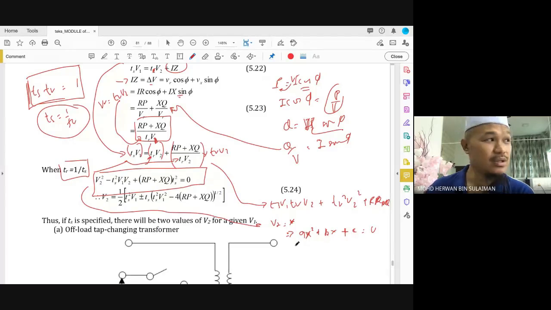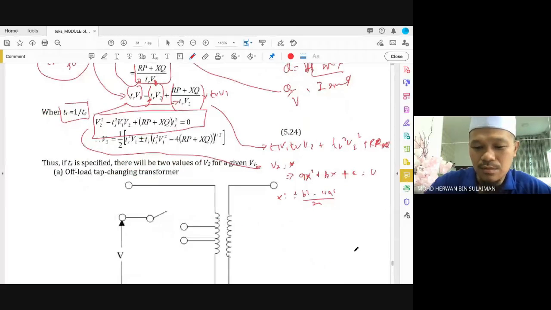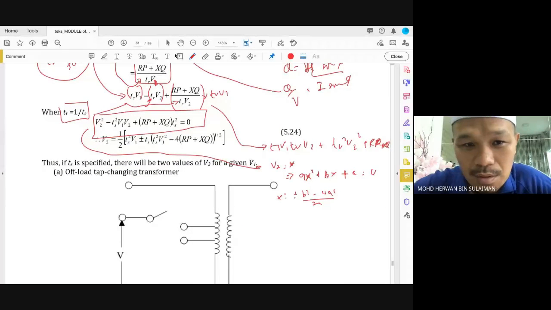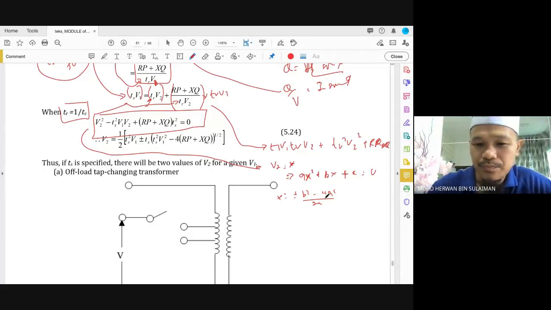So this one you can factorize it, okay? Or you can use the equation, right? X equals to... I don't remember. Not this.